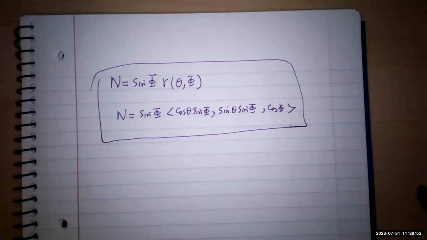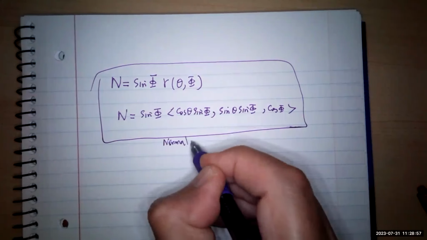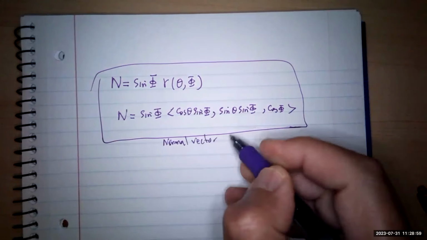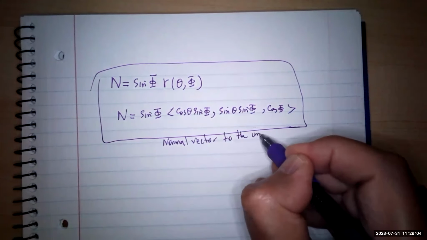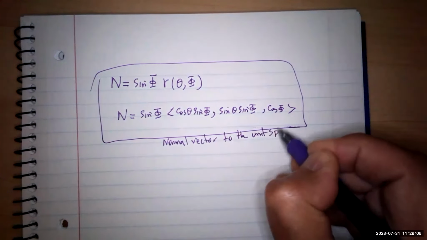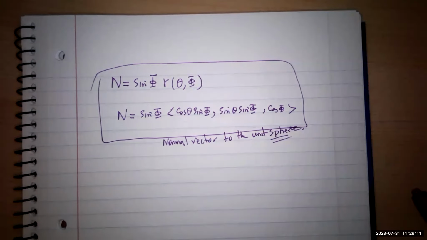So this is going to be the normal vector to the sphere, the unit sphere. It doesn't matter really, even if there is a rho involved, because eventually when you integrate it, whatever coefficient it is, it's going to cancel out. I just did it so that you know it.